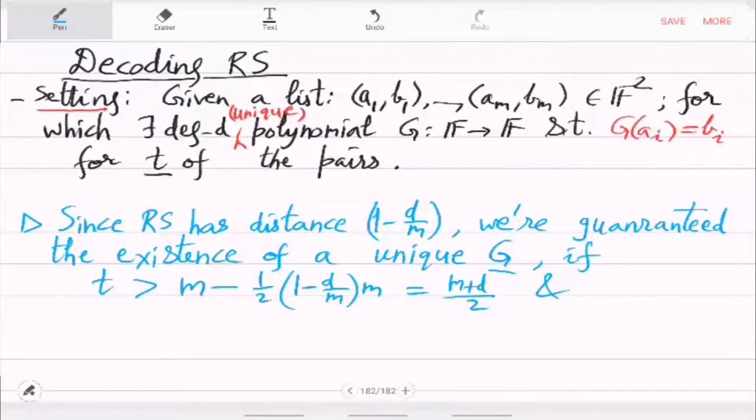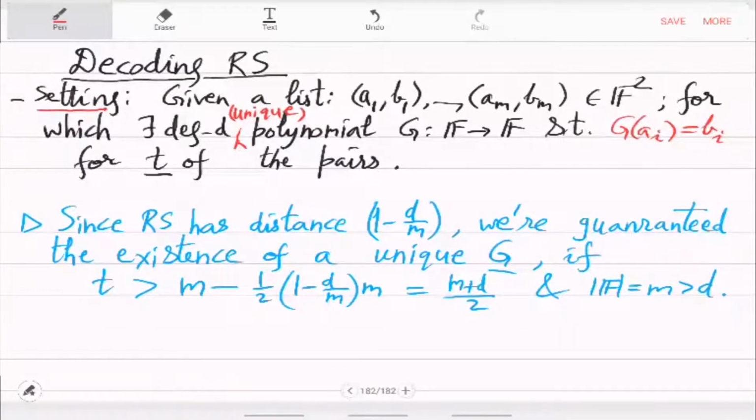And the field size, which is m, should be bigger than the degree. It is an interpolation question, so obviously you should have enough field elements, otherwise you cannot interpolate a degree d polynomial.